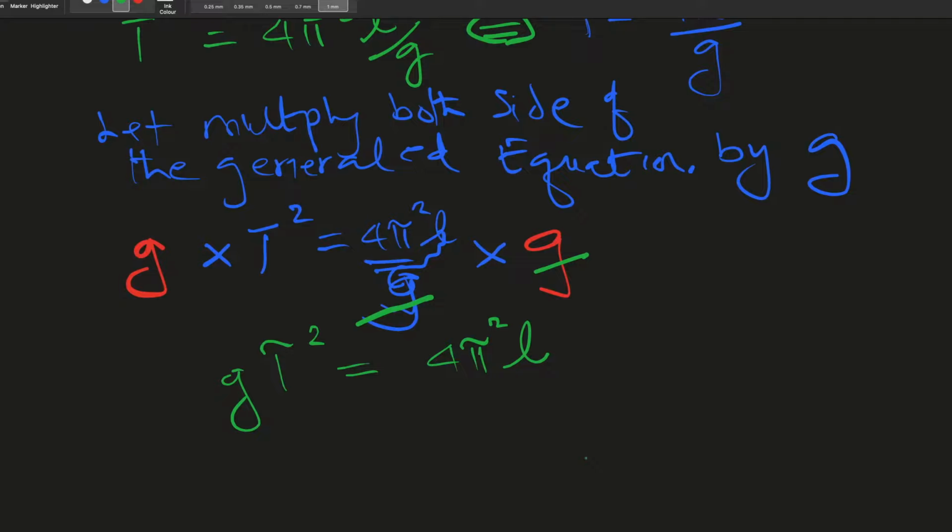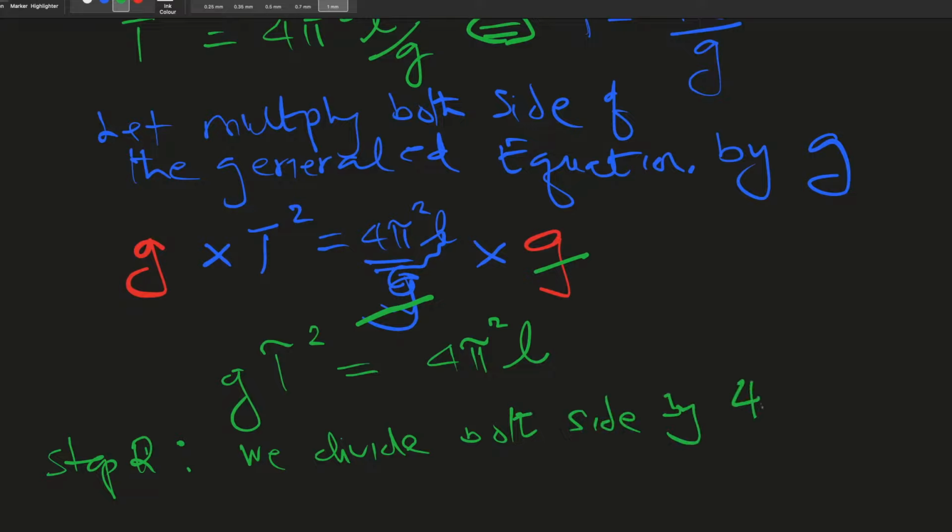So the next step, step two, we divide both sides by 4L.